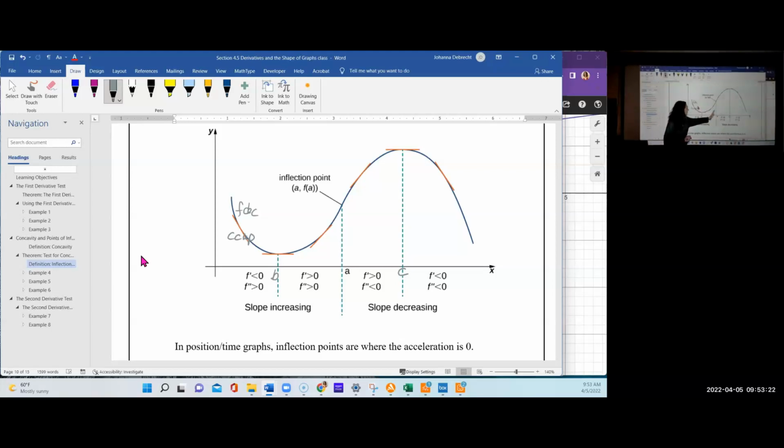And then between B and A, the function is increasing, which means the first derivative should be positive because it's increasing. That's what the first derivative does. Now let's look at the tangent line. It was flat, which is 0. Then it became a little positive, like 1/5, then 1/2, then 1.